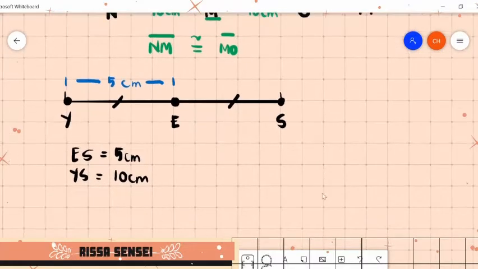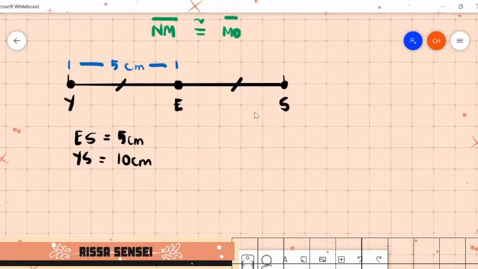And to add, what we did here, diba, to get YS, we are adding YE and ES to get YS, because YS is the whole segment. This is also called segment addition postulate.